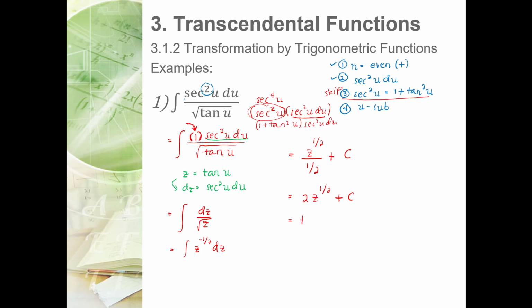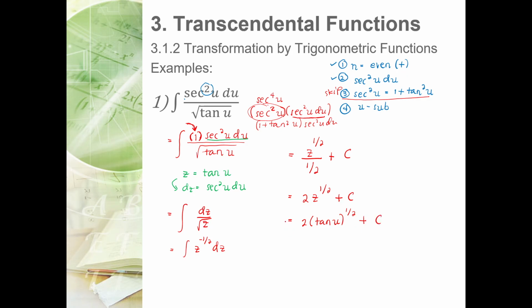So you have 2 tangent u to the 1/2 plus c.